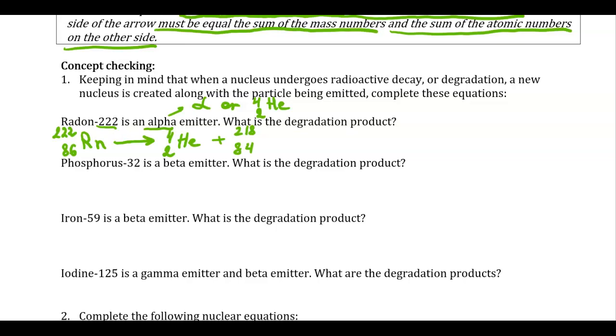The daughter nucleus is a new particle. So in the periodic table, find please the element with these numbers. So it's polonium. Okay, and the decay product will be polonium.